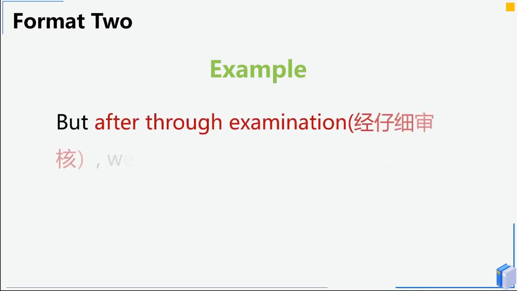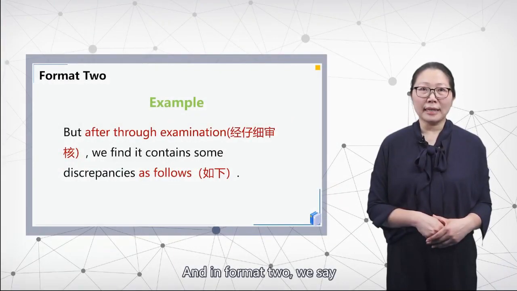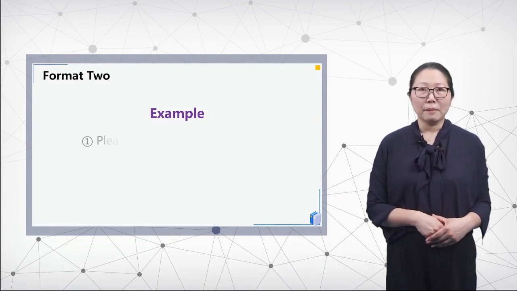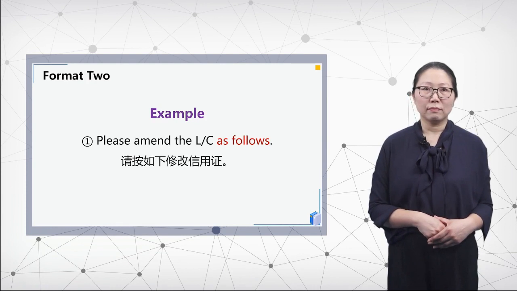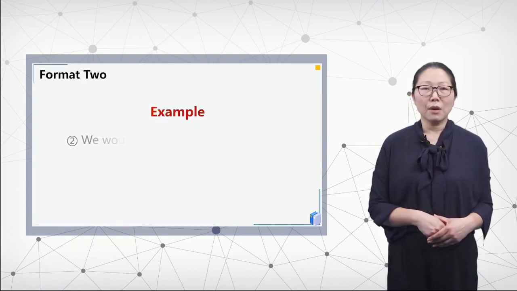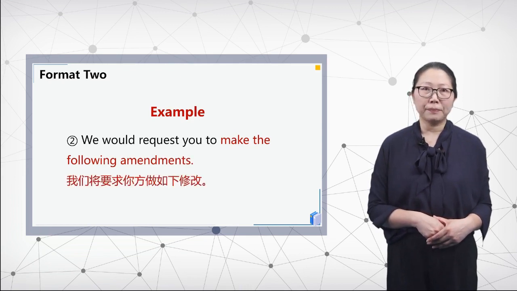But after thorough examination, we find it contains some discrepancies as follows. And in format 2, we say, please amend the LC as follows. We would request you to make the following amendments.